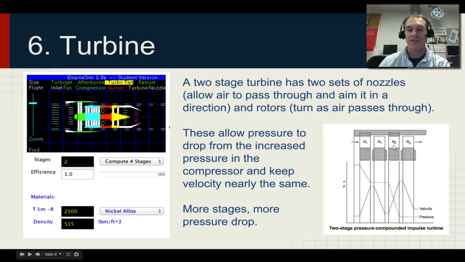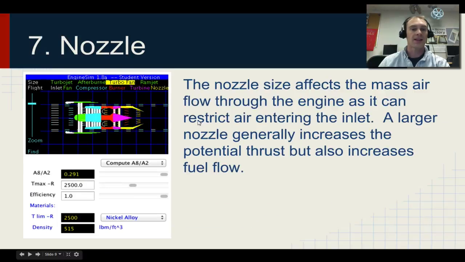Then we have a set nozzle, which is directing the air, so that drops pressure again as velocity increases through this. And then as the air causes the rotors to turn, the air velocity drops, but that doesn't affect the overall pressure because it's turning the rotors. So through these different stages, we can get a net overall pressure decrease where the velocity is just a small increase overall in this.